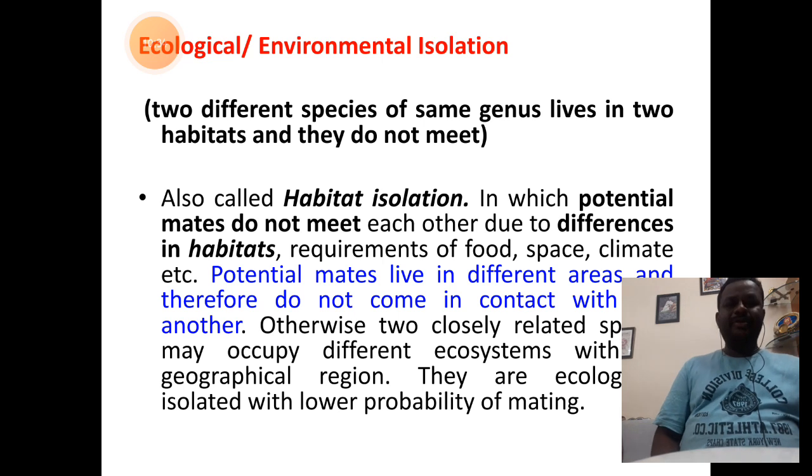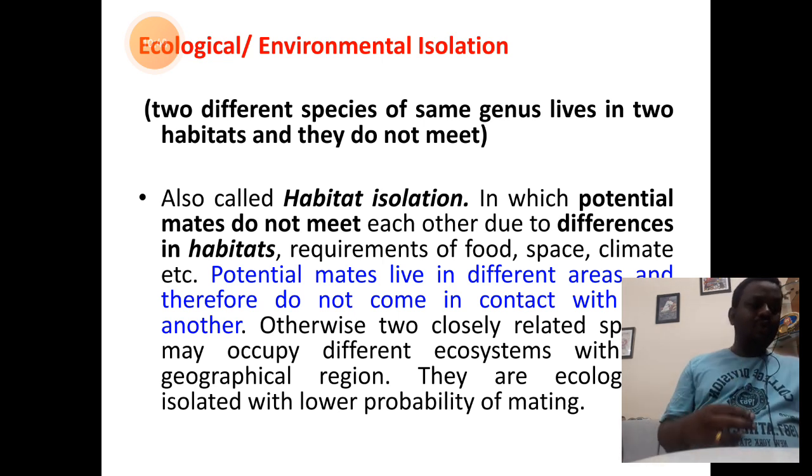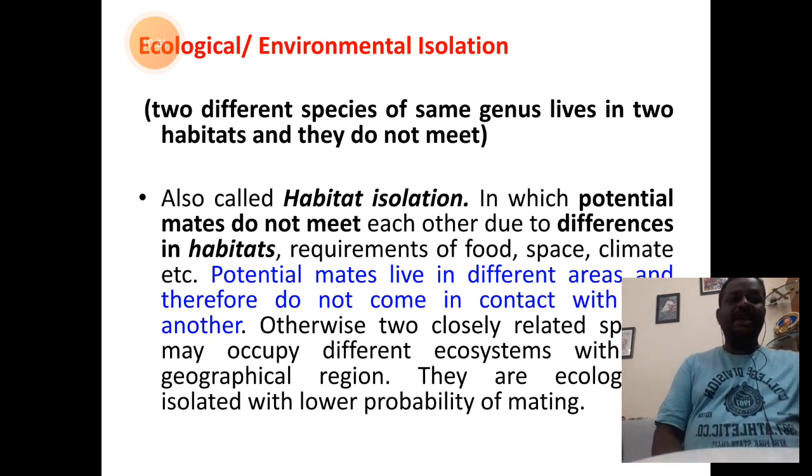Students, remember the terms that we make use of here, for example ecological, environmental, habitat. These are the factors that bring in isolation here according to the type. Okay. So here two different species of a population belong to the same genus.